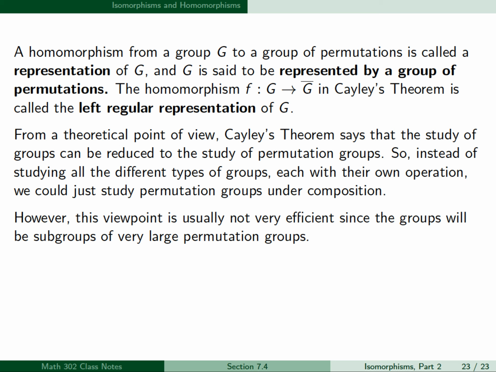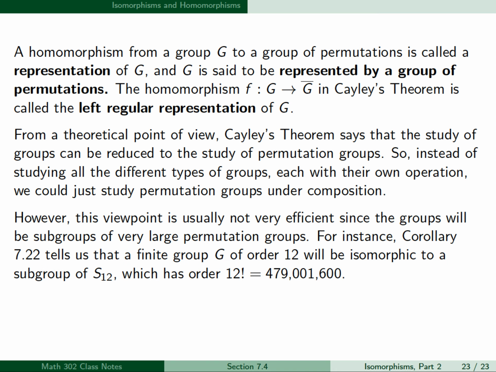However, this viewpoint is usually not very efficient, since the groups will be subgroups of very large permutation groups. For instance, corollary 7.22 tells us that a finite group G of order 12 will be isomorphic to a subgroup of S12. Well, S12 has order 12 factorial, which works out to 479,001,600.